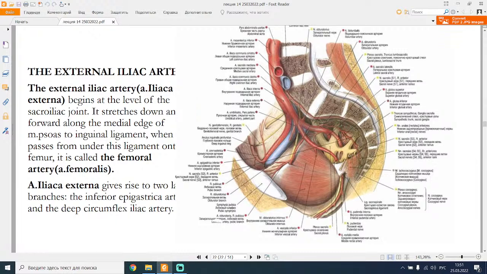This is the femoral artery. Arteria iliaca externa gives off two lateral branches: the inferior epigastric artery and the deep circumflex iliac artery.